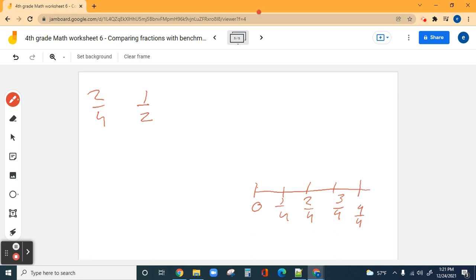If you do the X technique, 2 by 4 gives 2 divided by 2 equals 1 and 4 divided by 2 equals 2. So it's 1 by 2, and they are equal.